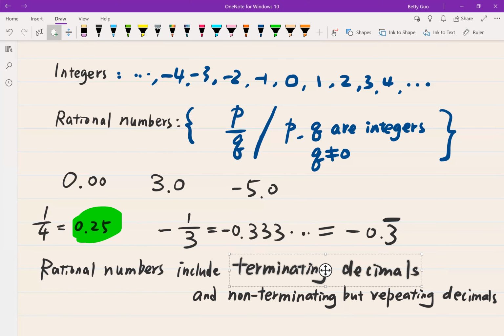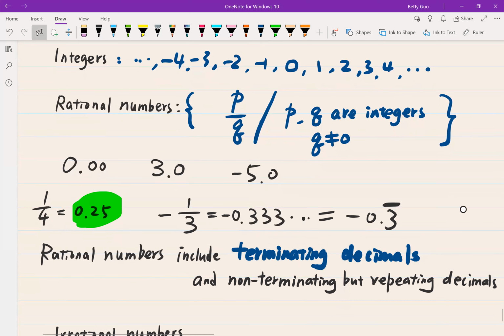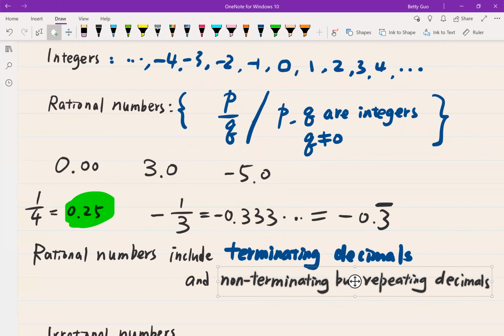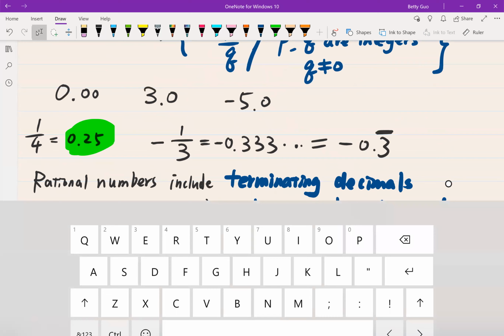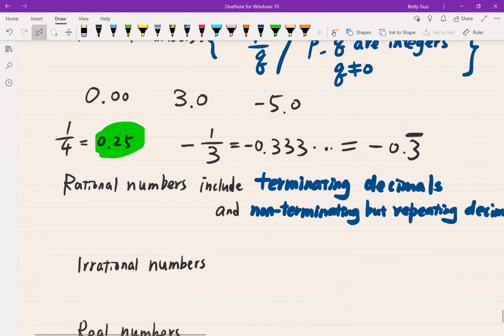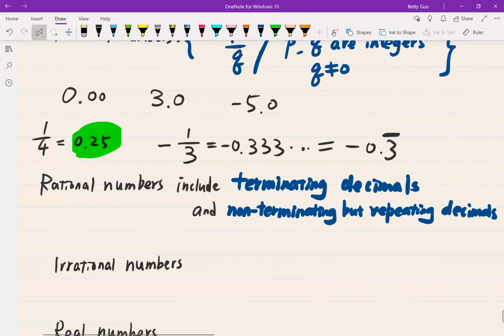If you see a terminating decimal, then that is a rational number. If you see a non-terminating but repeating decimal, that is also a rational number. So that's how we define a rational number as a decimal. Terminating decimals and non-terminating but repeating decimals are rational numbers.